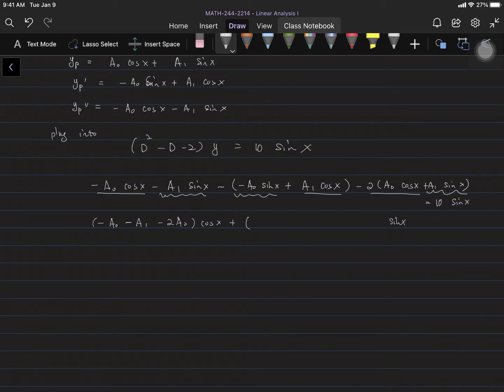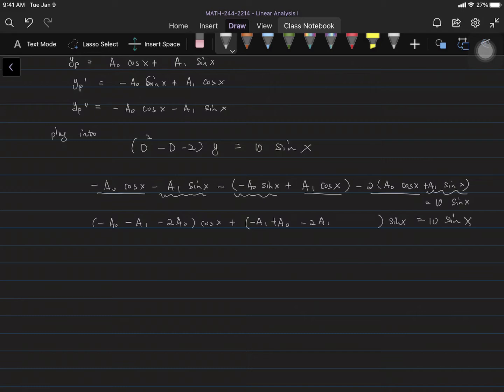So it should be negative A1 plus A0 minus 2A1, times sine, and the right side is still 10 sine x.